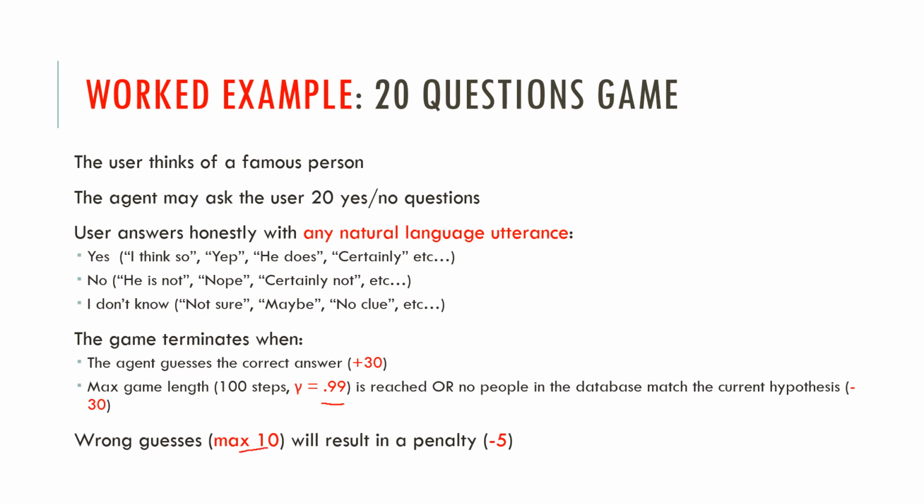So do note that the discount factor is 0.99, so this will incentivize the agent to achieve the correct answer as early as possible in the game. And wrong guesses, which can occur up to 10 times, will result in a penalty of minus 5. So of course, with more than 6 wrong guesses, it's as if the agent has lost.